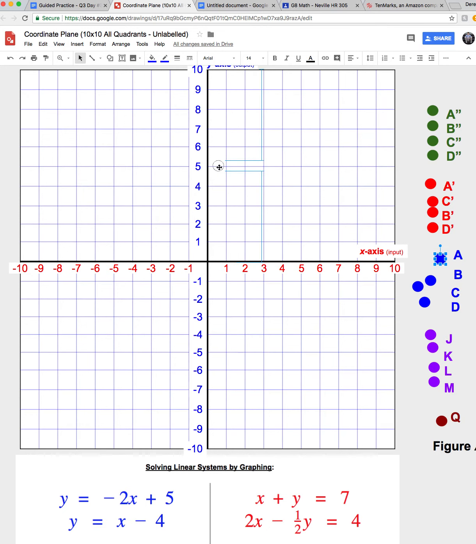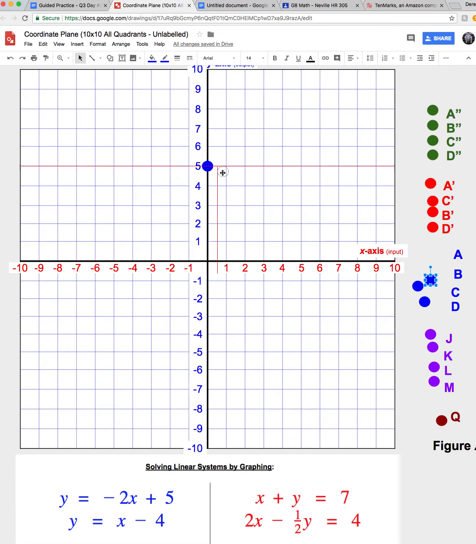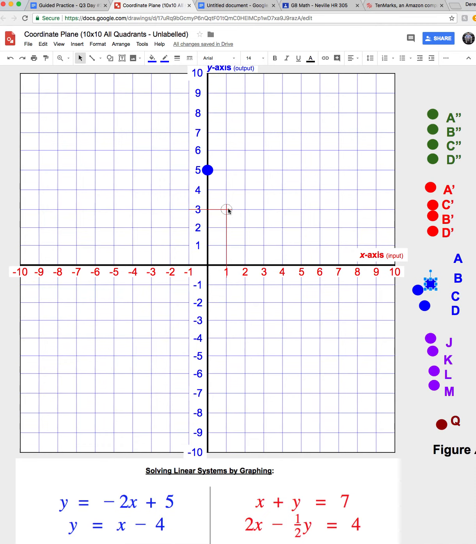So for this first blue linear equation, I graph the first point. And then I'm going to use the slope, which is the coefficient that's multiplied with x, to figure out where the second point would be on this line. A slope of -2 really means -2 over 1. And if we recall, slope means rise over run, or -2 over 1 means I would go down by 2 from this y-intercept and right by 1.